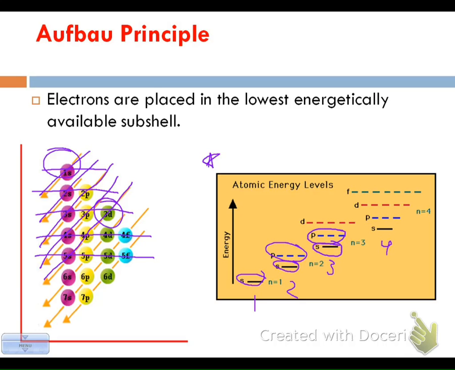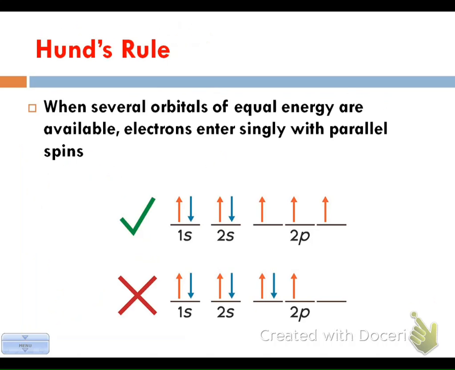But now what I want to show you is that the 3d actually has a higher energy value than the 4s. In other words, an electron in the 4s has a lower energy than an electron in the 3d does. So we put electrons into 4s first. Keep that Aufbau diagram handy, especially as you're learning how to do this. You'll want to use that as a reference.